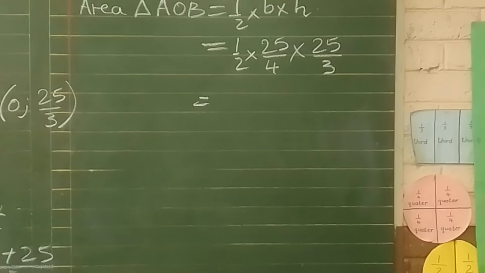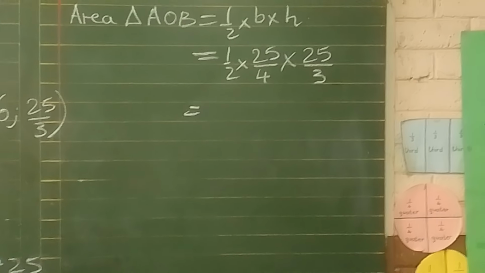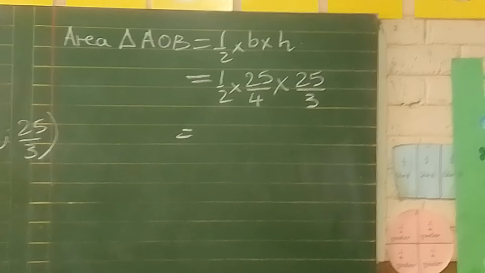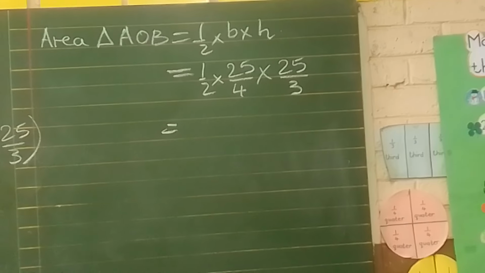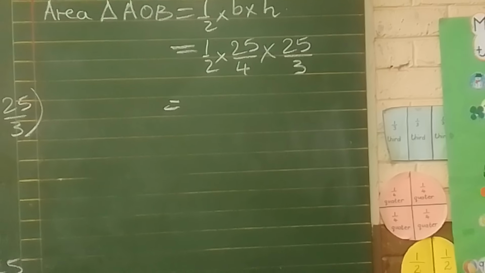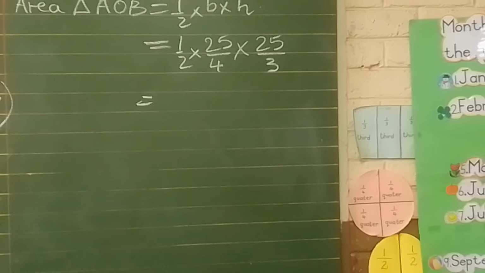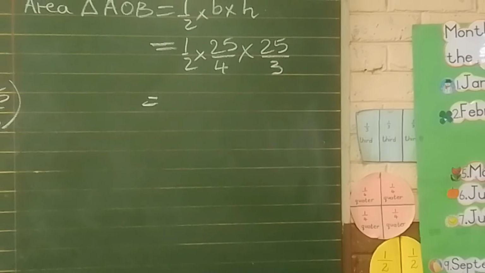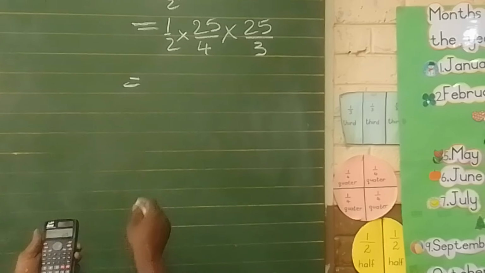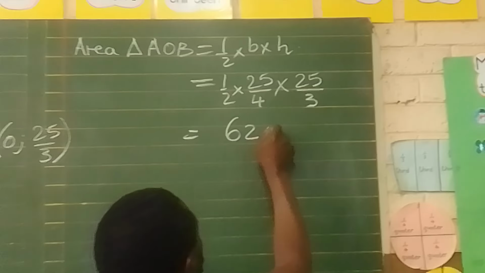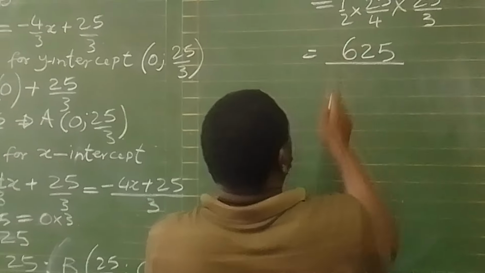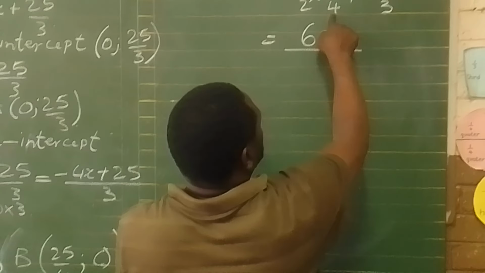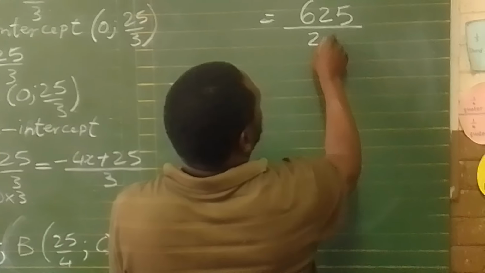Now, if you are here, you are home and dry. So I start by saying 25 times 25. I get 625 divided by 4 times 3 is 12 times 2, 24.